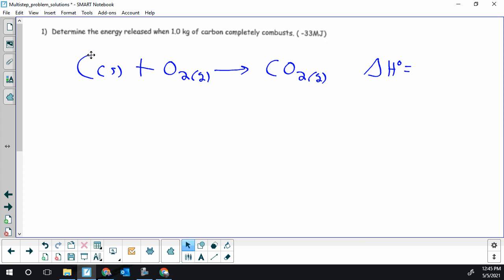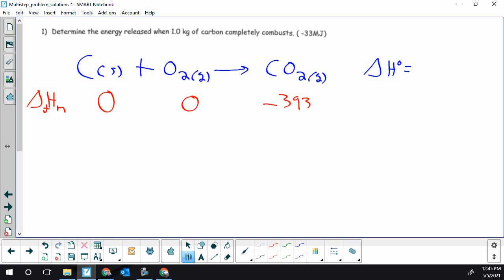Now when I look up the change in molar enthalpies of formation in my data booklet, the 2 reactants aren't listed because atoms in their elemental form have formation values of 0, and the formation value for gaseous carbon dioxide is minus 393.5 kilojoules per mole.